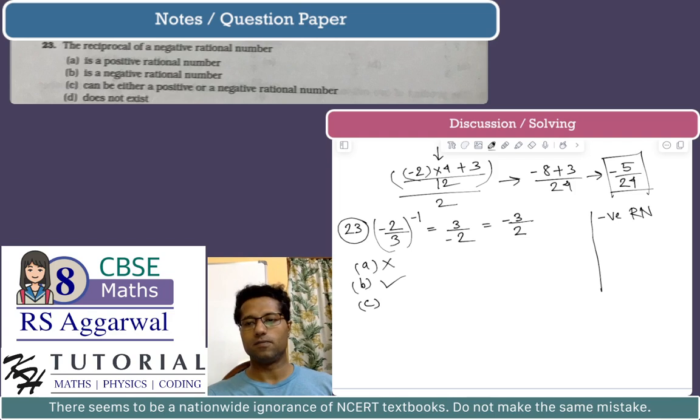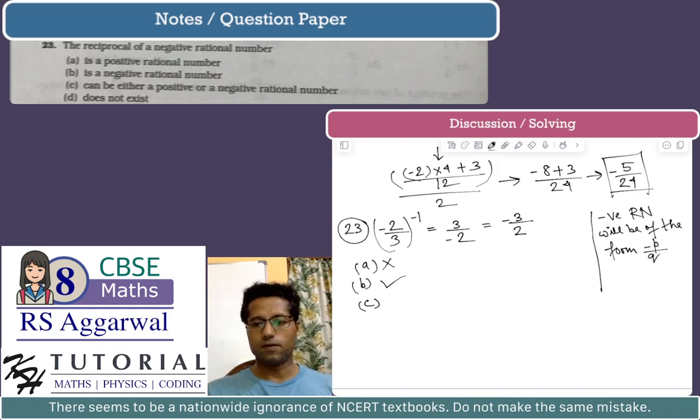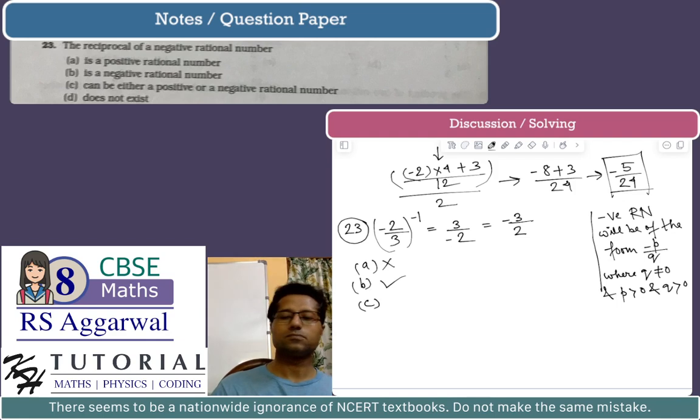A negative rational number will be of the form minus p by q, where of course q is not equal to 0, and p greater than 0 and q greater than 0. So this is the form of a negative rational number.